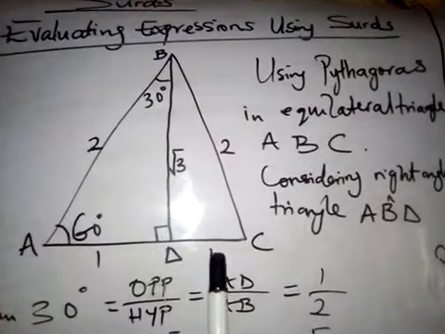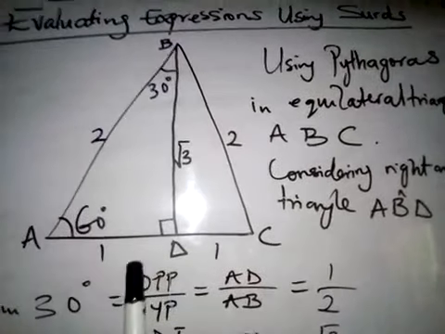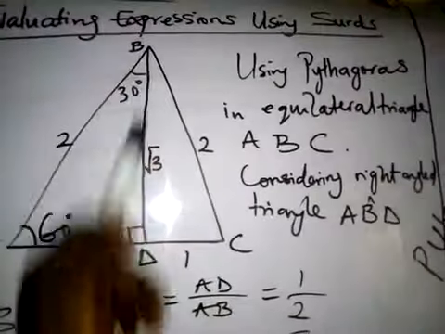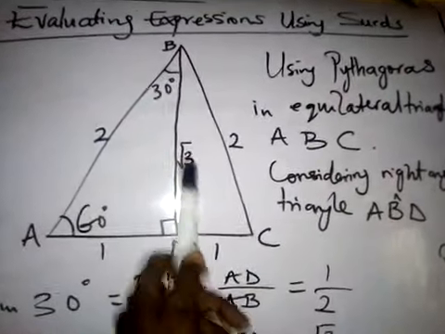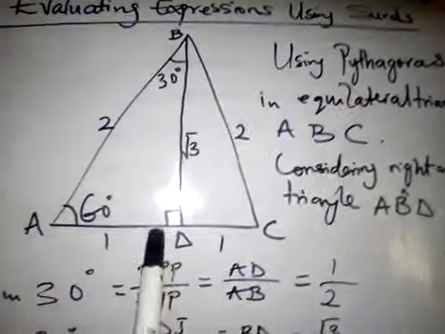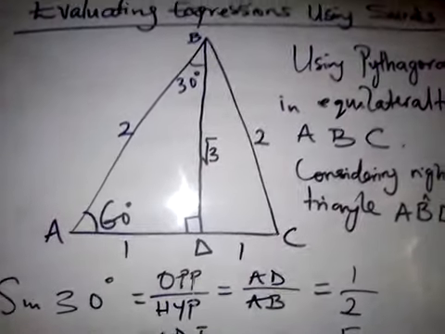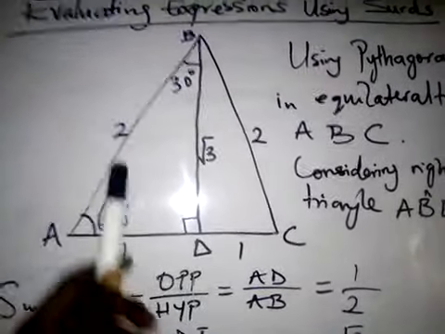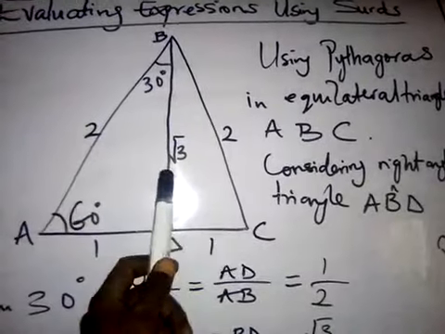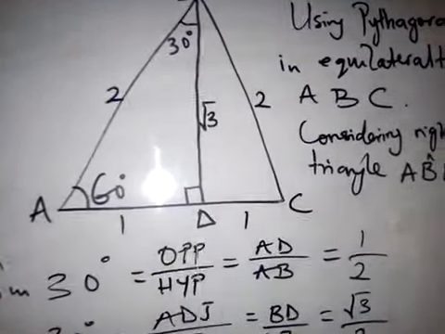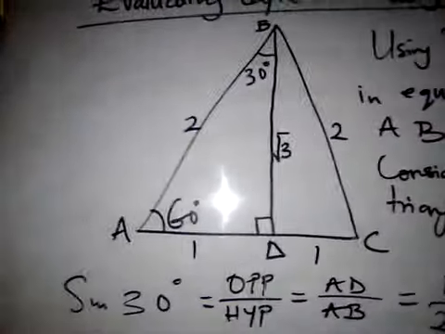Do you understand? So we'll be using that, take note of that. And this is root 3, BD, which is the side that is dividing AC into 2. So this is 2, this is root 3, this is 2, and this 2 divided into 2 becomes 1, 1 each.